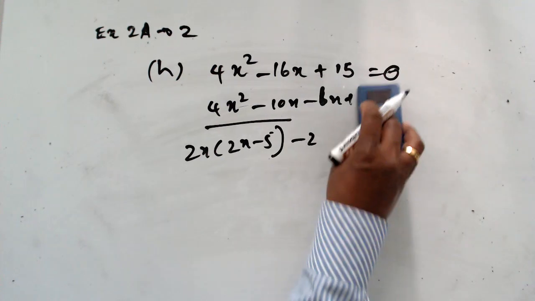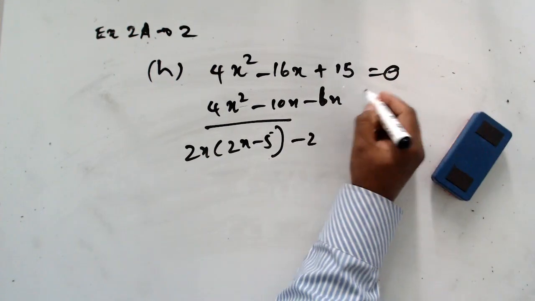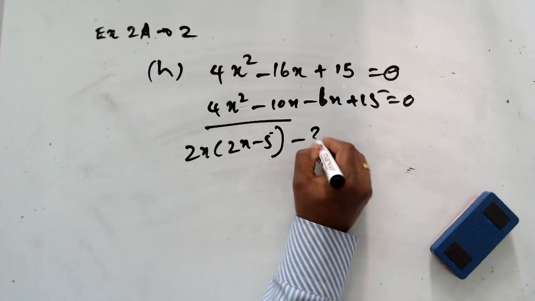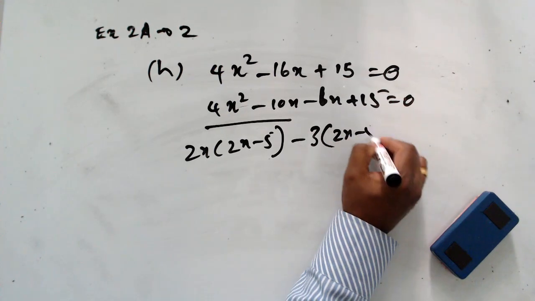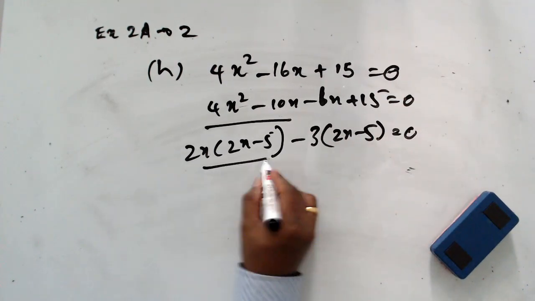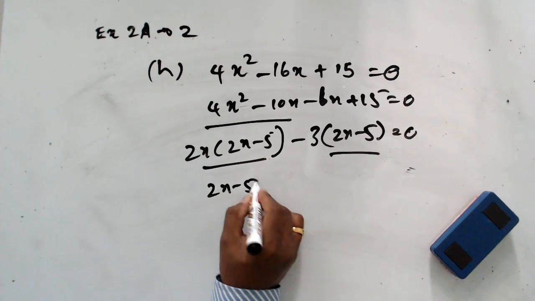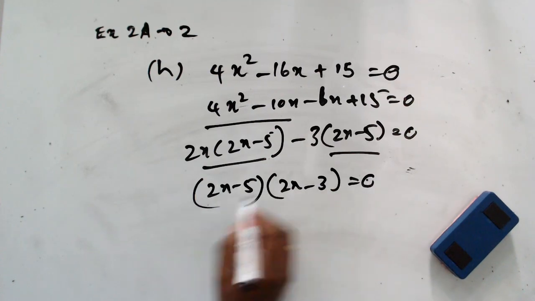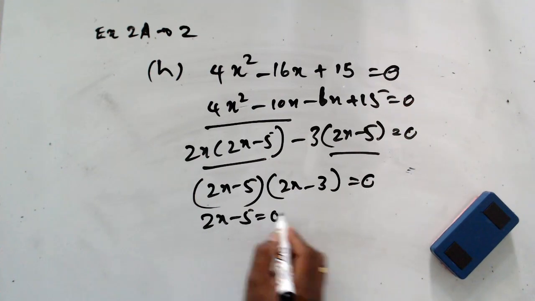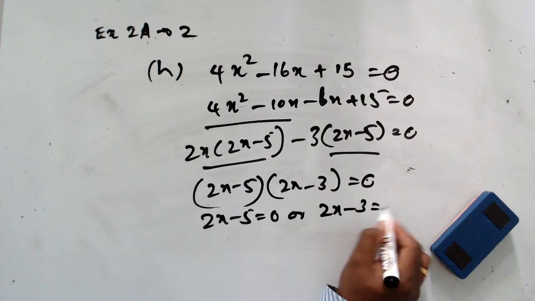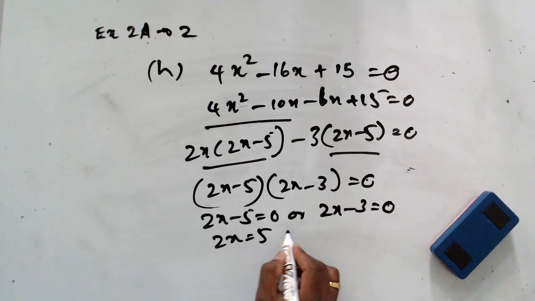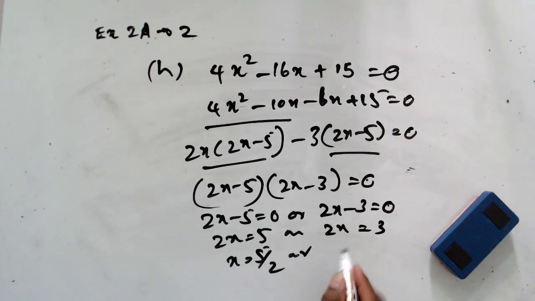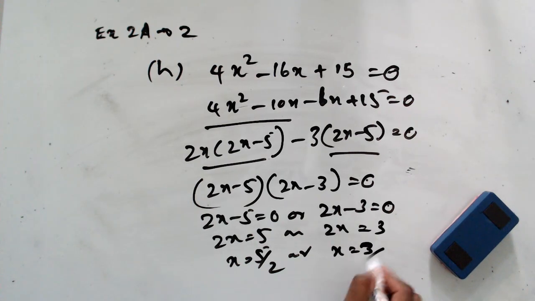Yes, this is 15. Then minus 3 out. 2x minus 5 equals 0, and 2x minus 5 is common. 2x and minus 3 remain equals 0. 2x minus 5 equals 0, or 2x minus 3 equals 0. 2x equal 5, or 2x equal 3. x equal 5 over 2, or x equal 3 over 2.